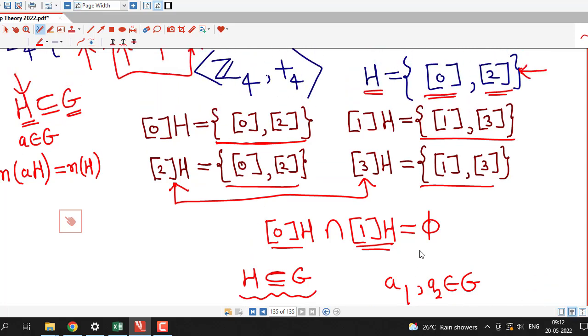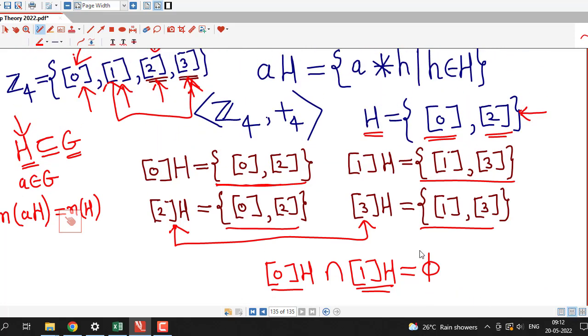Okay, fine. Another observation concerns the left cosets corresponding to the elements of the given subgroup. Here we can observe that the left coset corresponding to equivalence class 0 has these two elements, and this set is nothing but the subgroup itself.